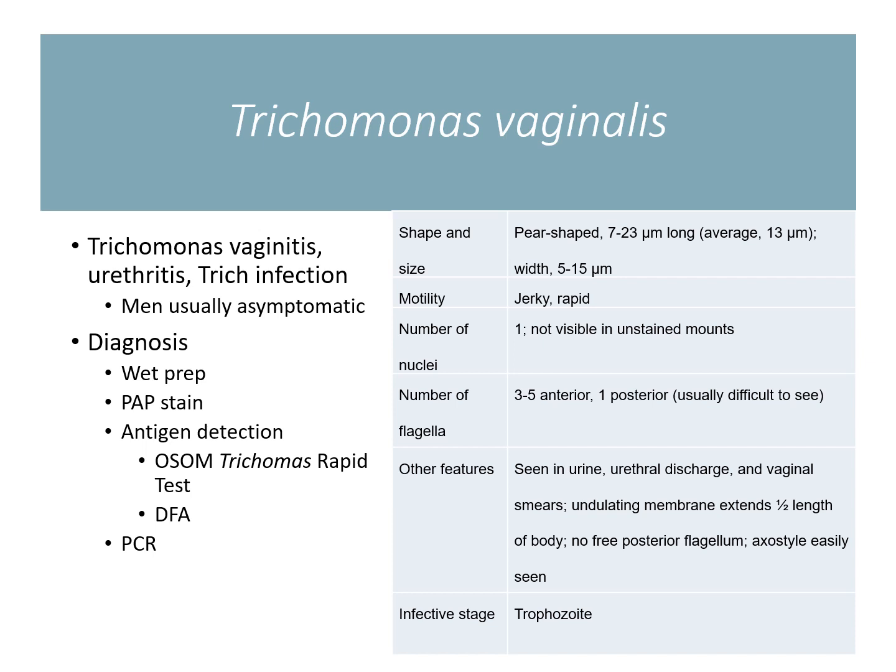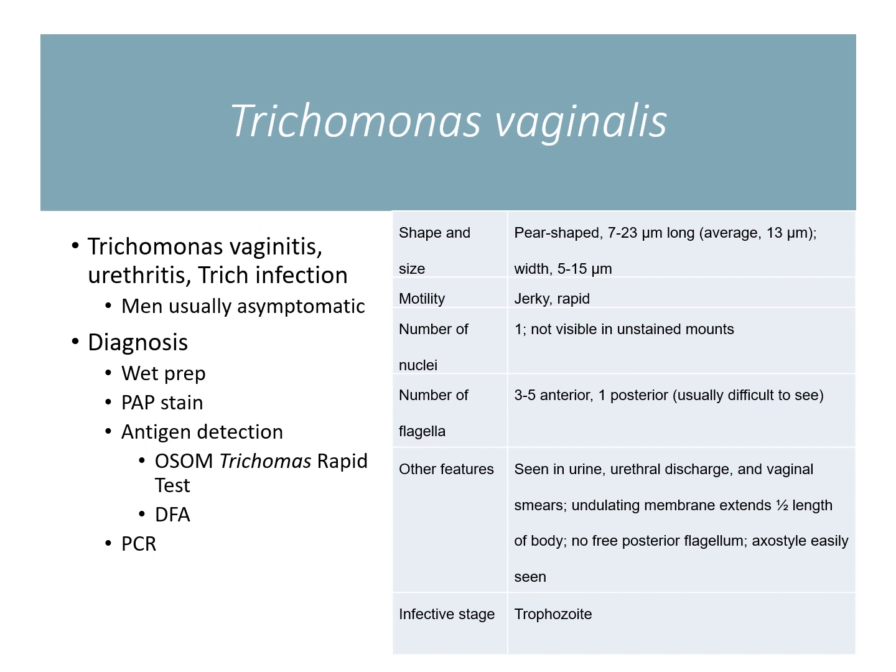This organism is a pear-shaped trophozoite, and it has very jerky, rapid motility. With the nucleoli, you can't really see those on a wet mount, so it just has one nucleus. It also has several flagella around it, and you can see those move on the wet mount.